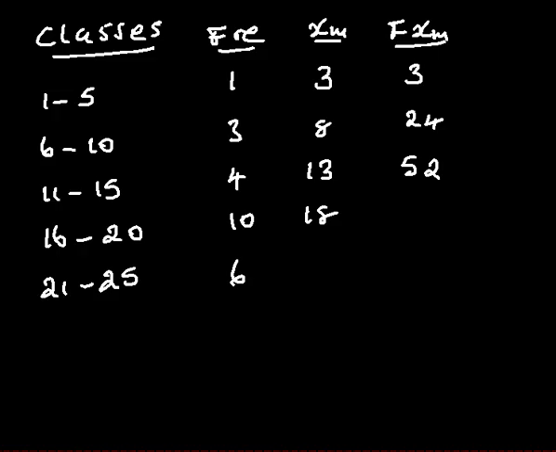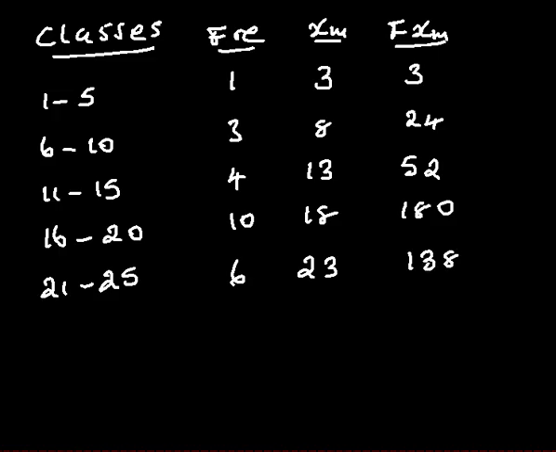And 18 times 10, that is 180, like that. And for the next class, that is 21 plus 25, that is 46, divided by 2, that is 23. And 23 times 6 is 138.